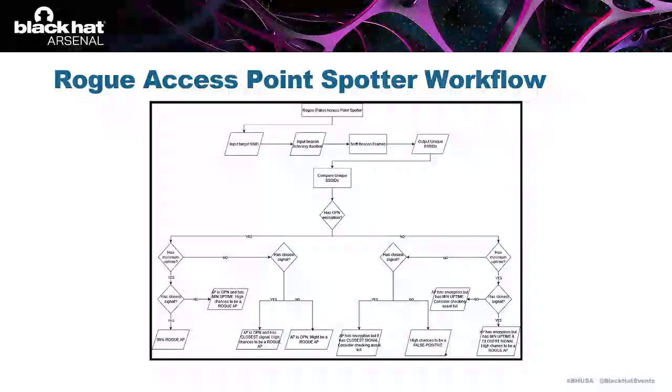And if that's the case, we are telling that the access point has encryption but it has the closest signal, then we are simply telling that the users should consider checking their asset list. And finally, if it doesn't have the closest signal, we are telling that there is a high chance it is a false positive.